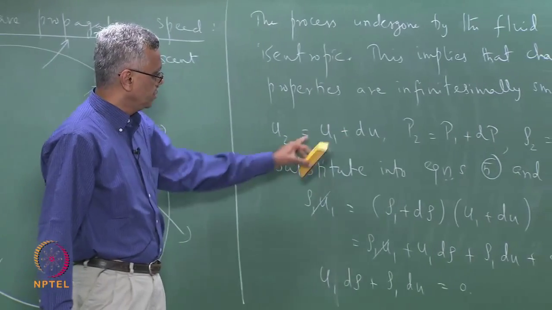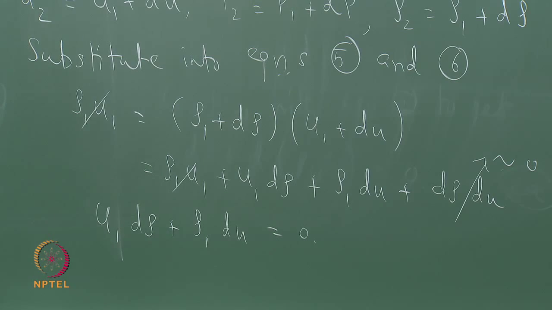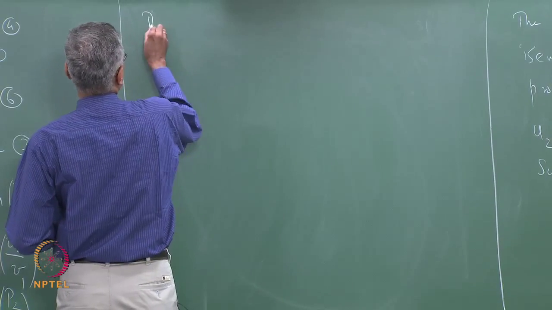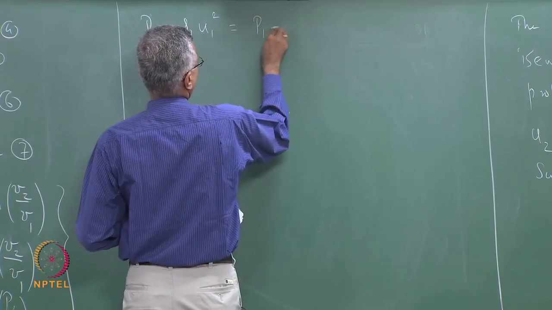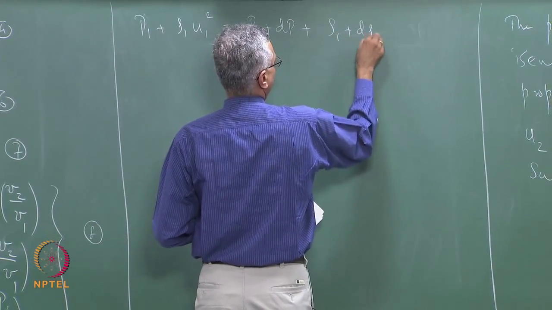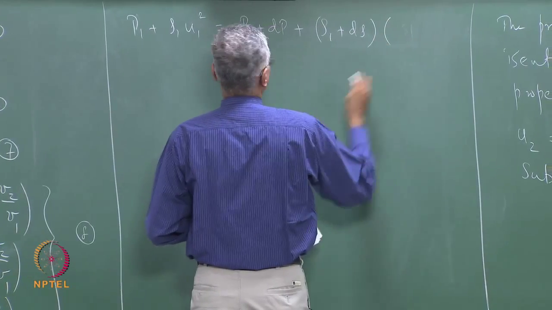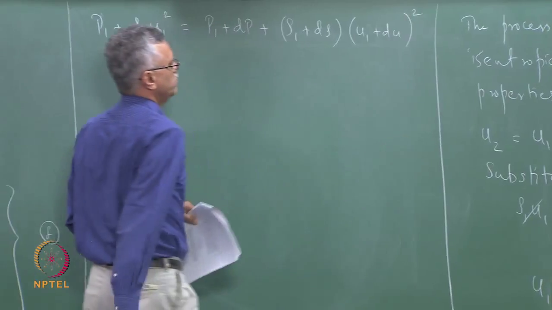Now, we will substitute this again into equation 6, which is given over here. Let us see what that gives us. We use the same technique as before, substitute and then see. So P1 plus rho 1 U1 square is equal to P2, which is nothing but P1 plus dP, plus rho 2, which is rho 1 plus d rho, times U1 plus du whole square.